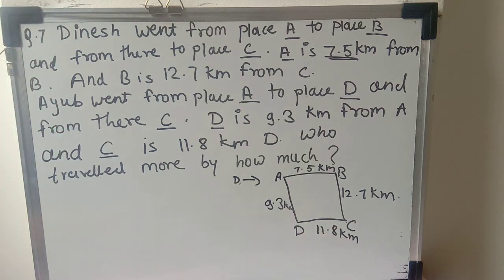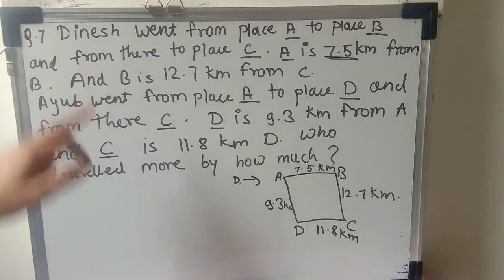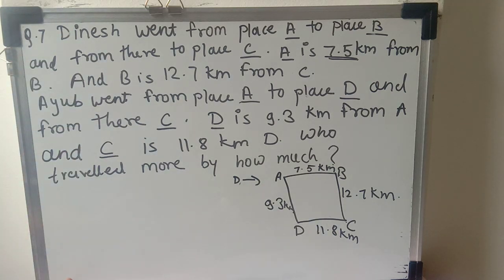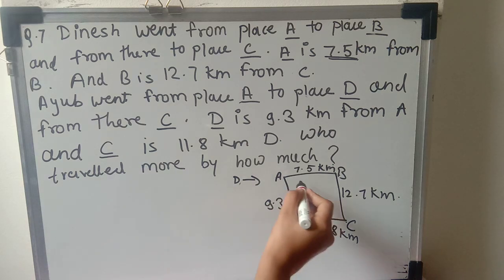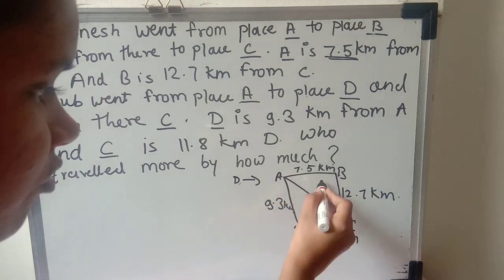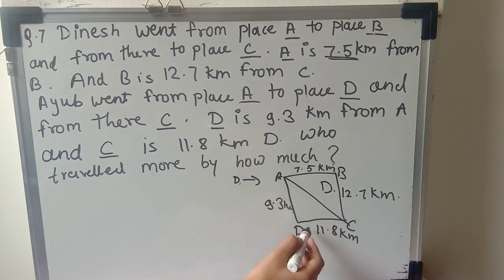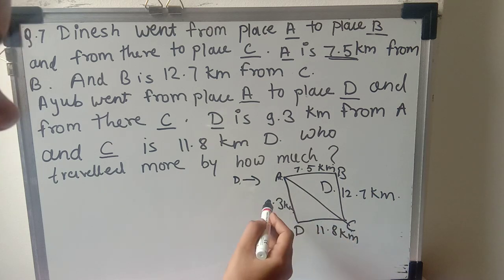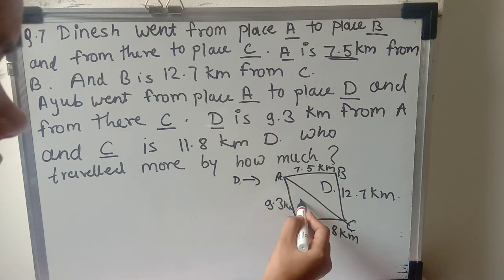Okay, so this is the total distance of Ayub. Now from this diagram we have to decide who traveled more and by how much. किसने कितना डिस्टेंस कवर किया और किसने ज्यादा किया और कितना किया, that we have to find out. Okay, so this distance from A to C is for Dinesh, and this distance from A to C means the same distance, that is for Ayub.